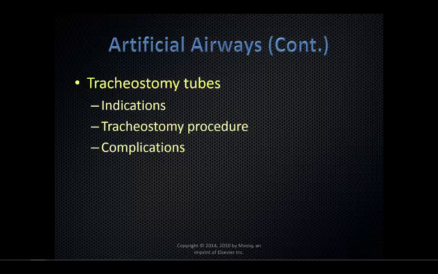One would be misplacement of the tracheal tube itself, hemorrhage, laryngeal nerve damage, pneumothorax, pneumomediastinum, and ultimately cardiac arrest. And the same ones that apply for endotracheal tubes, such as the dysrhythmias that you may see, like if you have a hypoxic period, then the patient may develop bradycardias, tachycardias, and so forth.